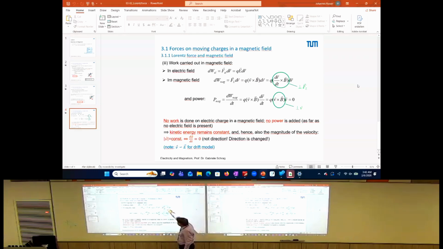If you take the inner product of this force with the line segment, which is the integration path for the force, you see that these two are perpendicular to each other. That means no energy or power is added by this Lorentz force when an electric particle moves through a magnetic field.